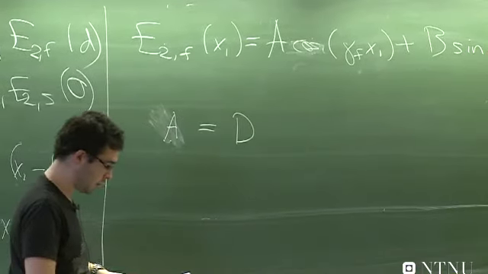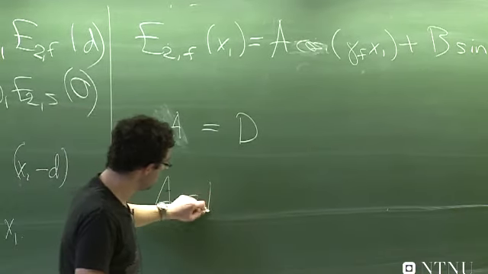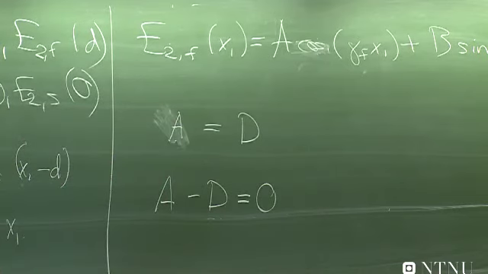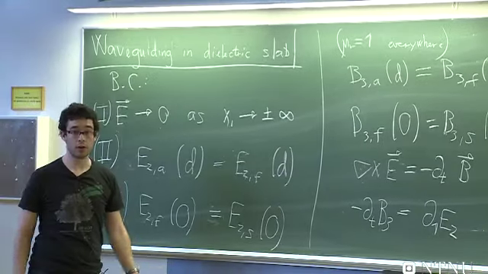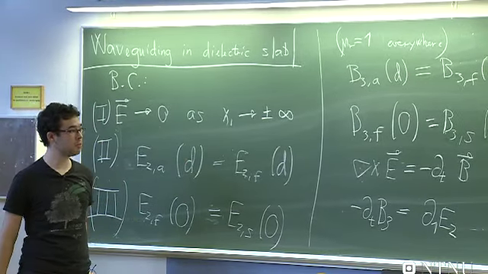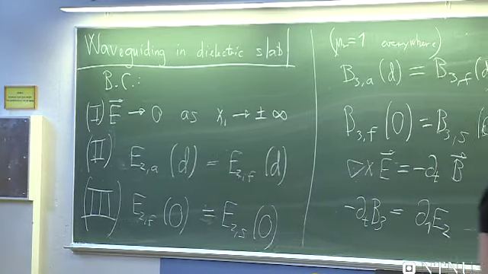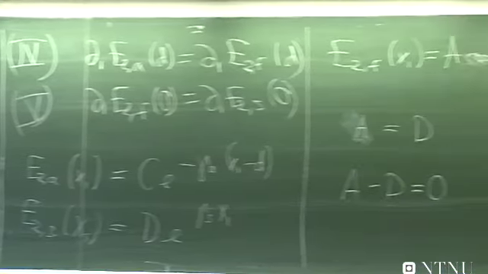This gives me the equation A minus D is equal to 0. Right? So that was this equation here. And setting up these equations, that's really simple, so I'm not going to go through the details. I'm just going to quote all 4 equations, because this is something you can do on your own.